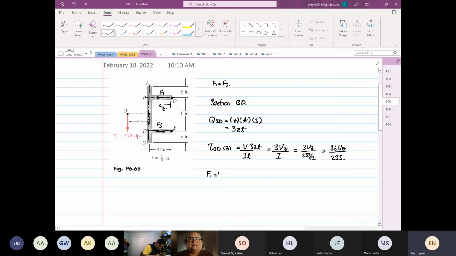So we know that F1 is going to be equal to F3. We're going to integrate from 0 to 4, right? Here, BD is a function of Z, T, dz. Okay.